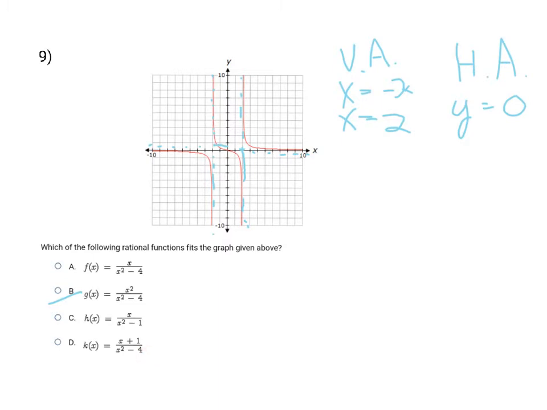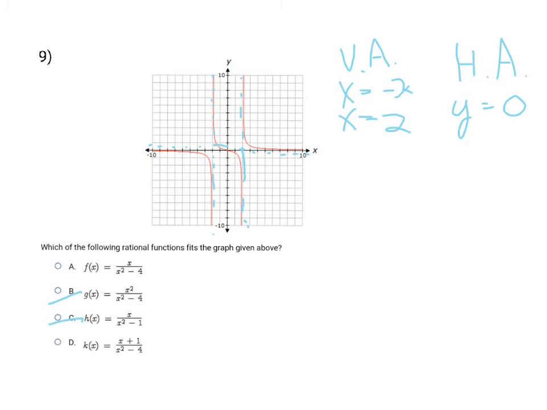And so then looking at my denominators, if I plug in -2 and +2 here, that's going to give me 0. So A is right. C, if I put in +2 here, 2 squared is 4, minus 1 is 3. That doesn't give me 0, so it's not C. And then D does also.